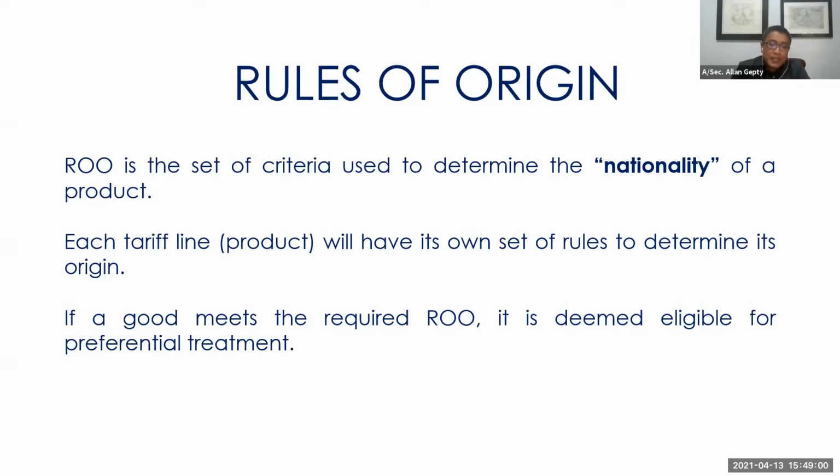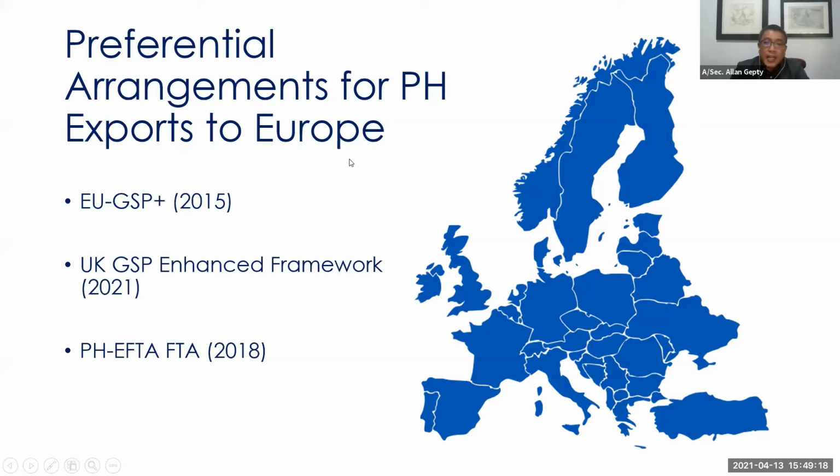Now, the Philippines, particularly with Europe as our trading partner, has been actively engaging with them. And for purposes of securing preferential arrangement or access, there are three platforms that our exporters can avail of. One, we have the EU GSP Plus, which we have secured in 2015.